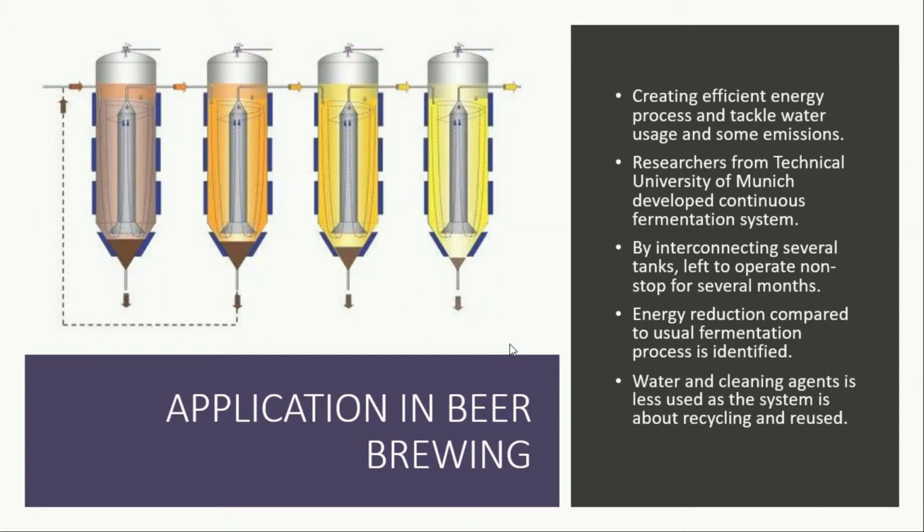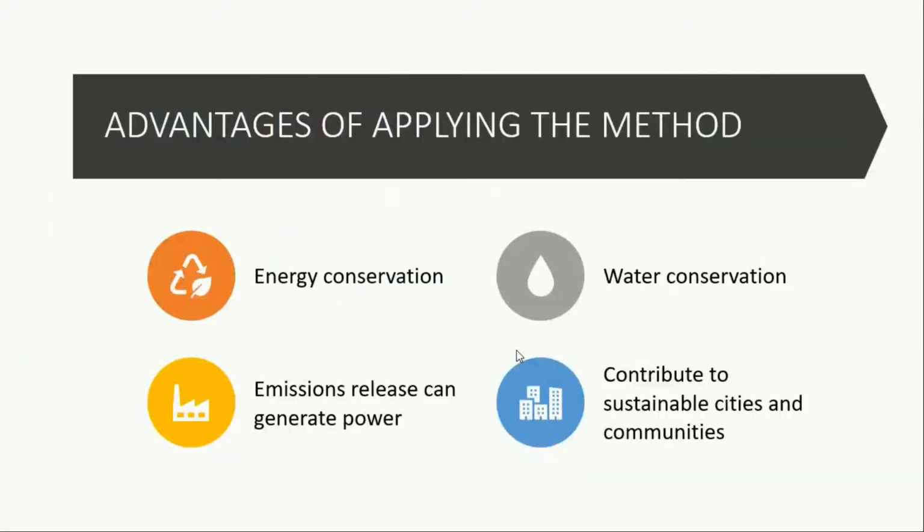Water usage can be tackled as less water is used, and emissions produced can be recycled for generating power. Based on the process, it is possible to achieve sustainability as it contributes to energy and water conservation, recycling of emissions for power, and leads to sustainable cities and communities.